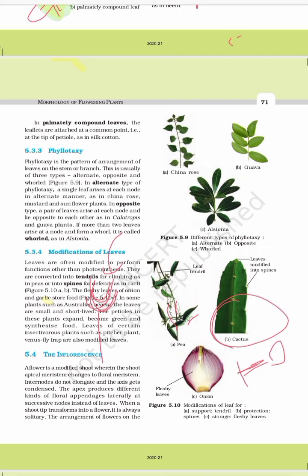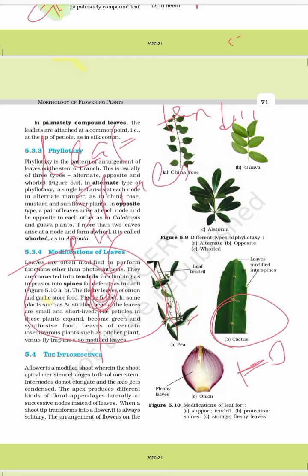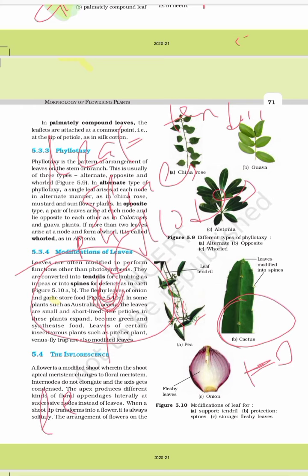Again, I would like to repeat all these six things because it is not given in your textbook itself, but it is many times asked in MCQs. That is leaf tendrils, then leaf spines, then phyllodes, then leaf bladder, right?